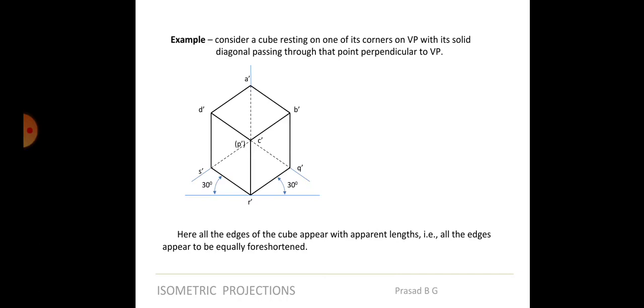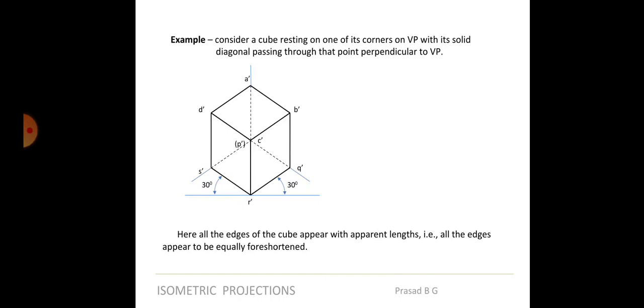Now how much will it shorten? Will it shorten different lengths for different lines, or will it be the same? As per the statement given here, all the edges of the cube will appear with apparent length, that is, all the edges appear to be equally shortened. So this is what you have to understand.